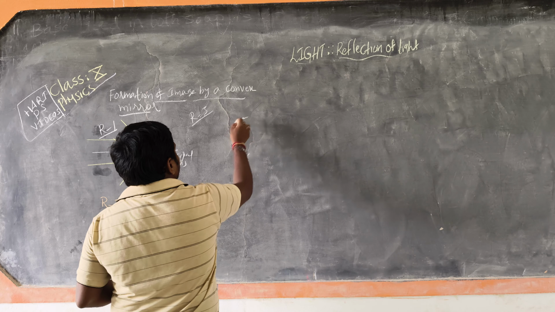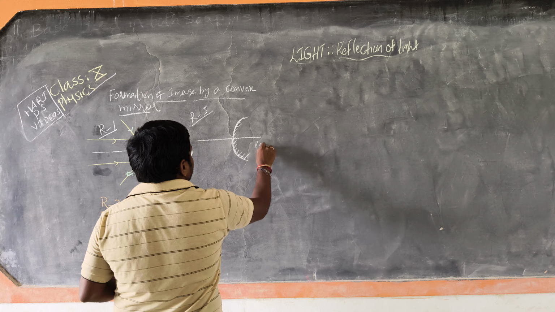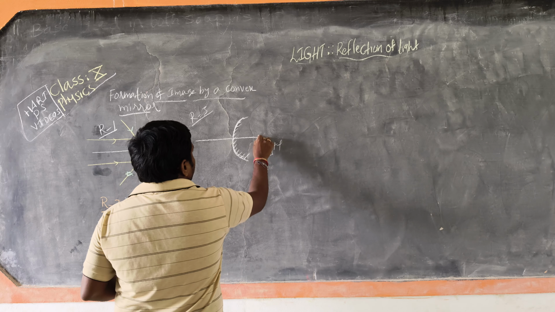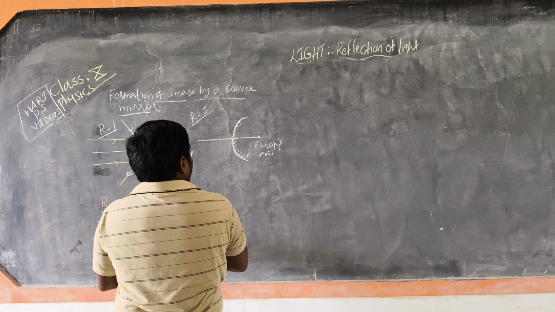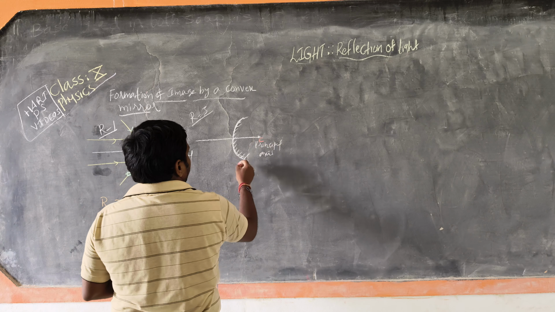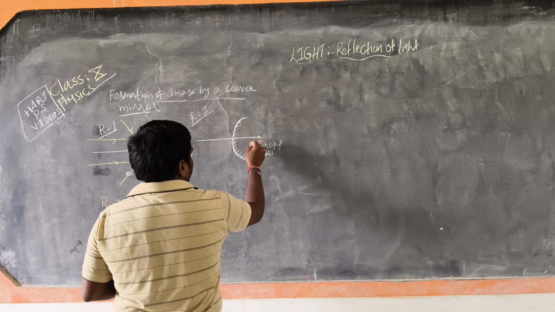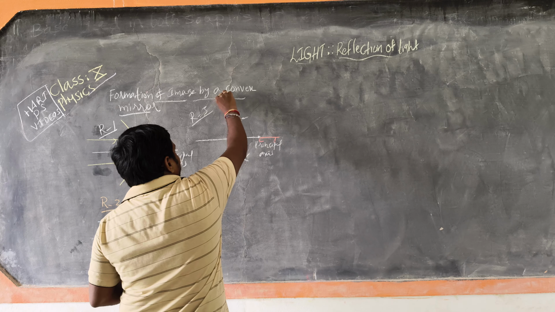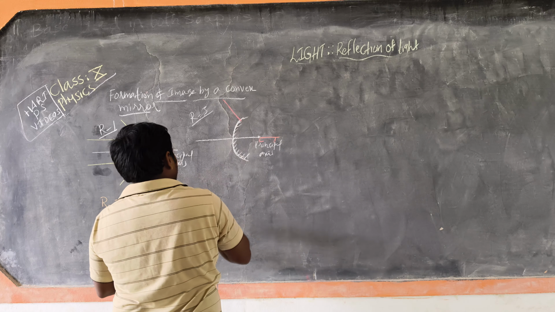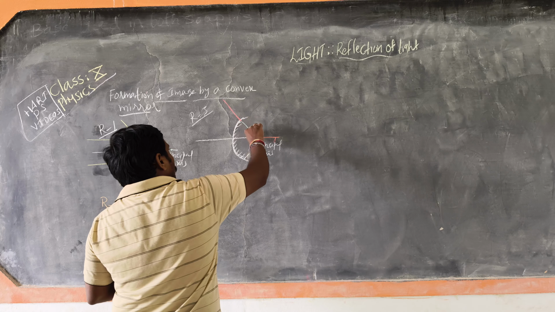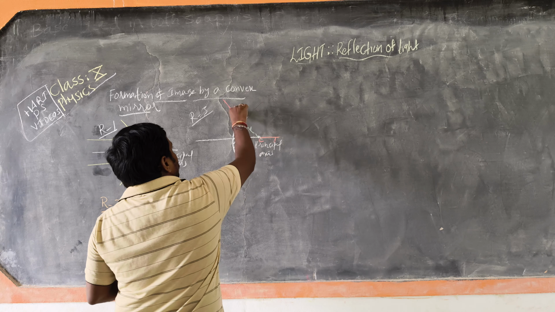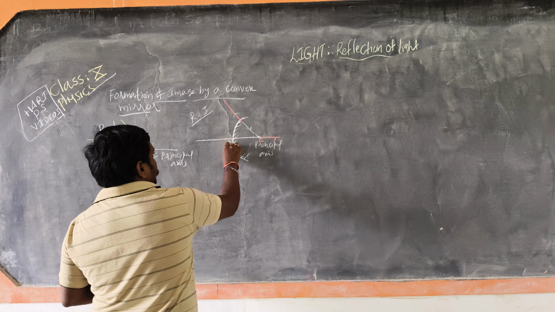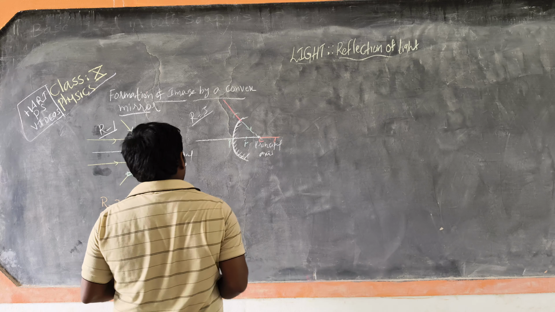A convex mirror, principal axis, and the center of curvature C. If the light ray passes through the center of curvature, then what will happen? No deviation takes place. It moves along the same path through the center of curvature. Here is the pole, and here is the focus.